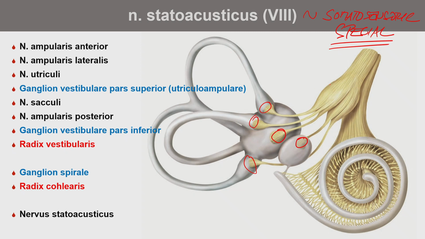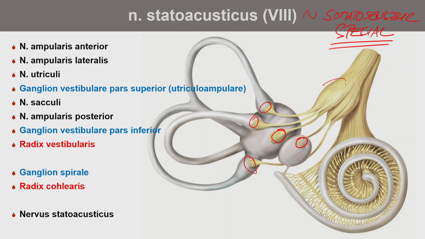So then we have five wires from the vestibular path, and those five wires form ganglia. In reality, there are five ganglia, and those five ganglia are assembled into two parts.